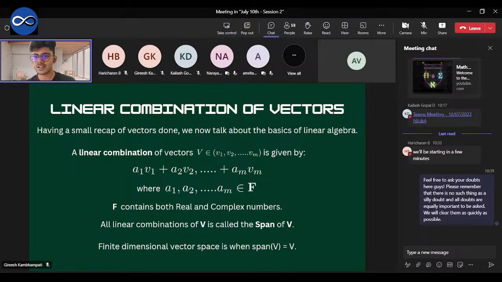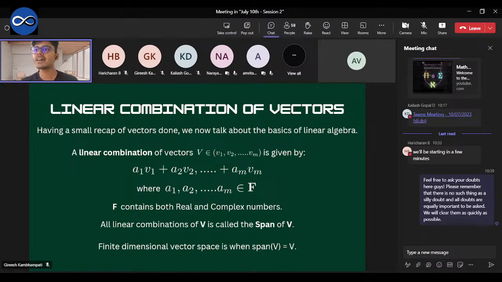A field is a set of numbers in which you can take two numbers from this set, and you can perform addition, subtraction, multiplication, or division, and the output of this binary operation will belong to that same set.